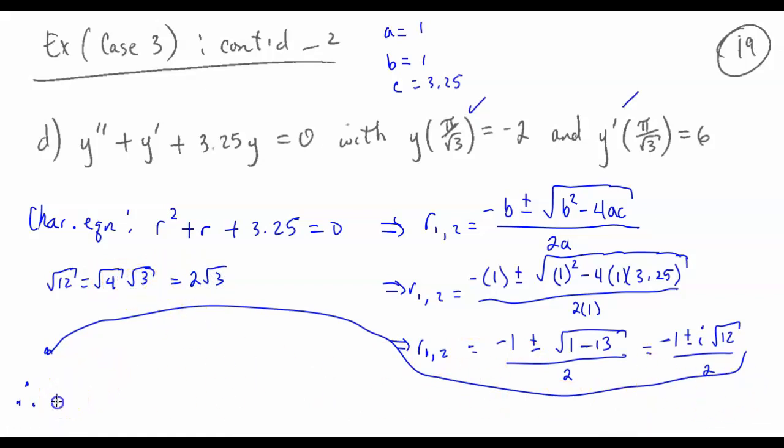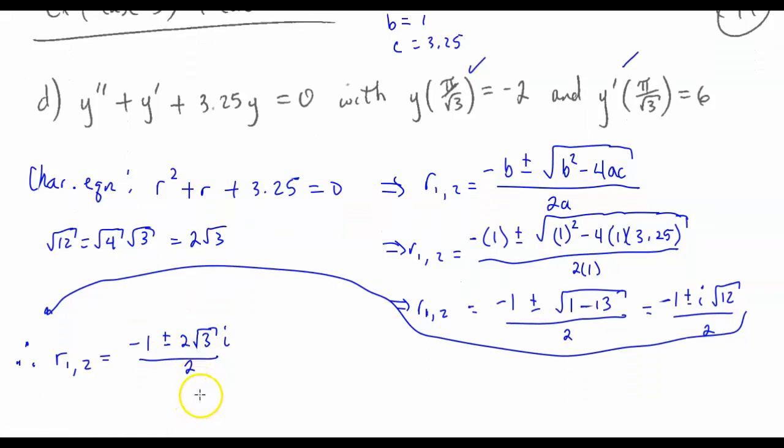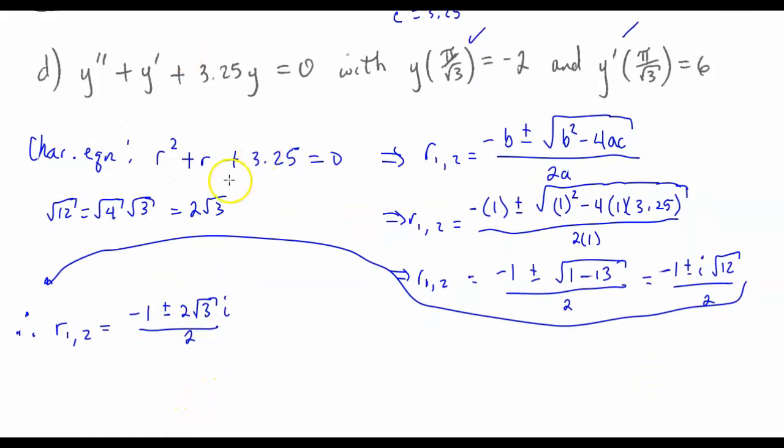So here we're going to rewrite this as negative 1 plus or minus 2 times the square root of 3 i, all that over 2. Okay. And to have some separation here, just going to rewrite it like this.